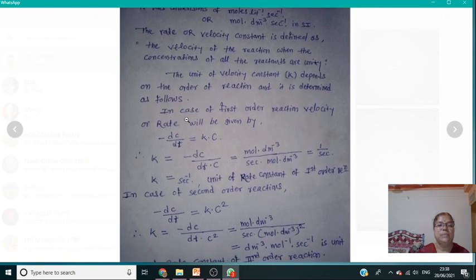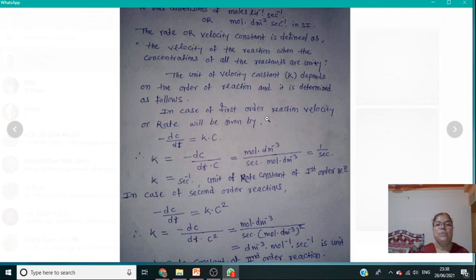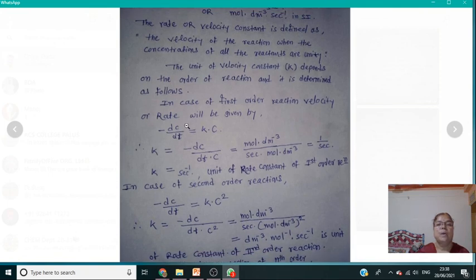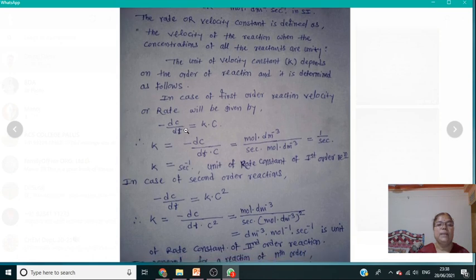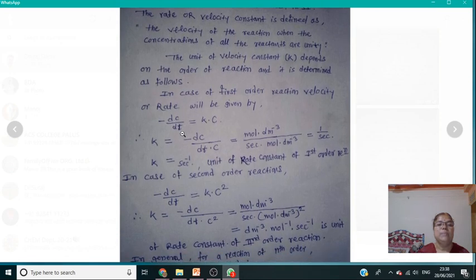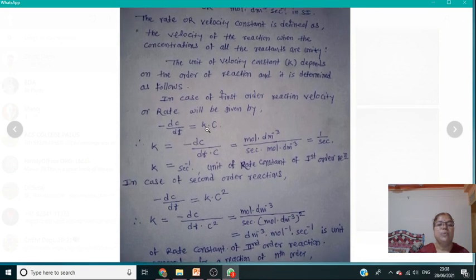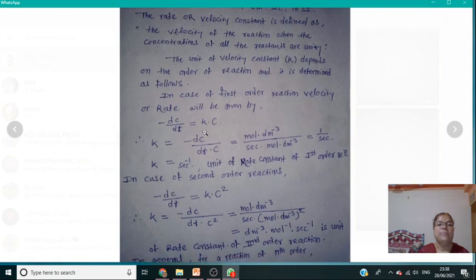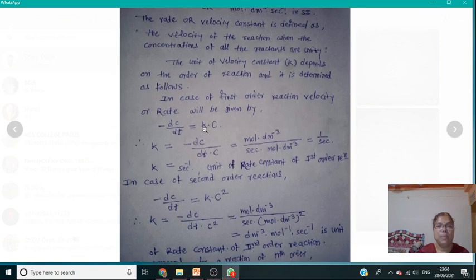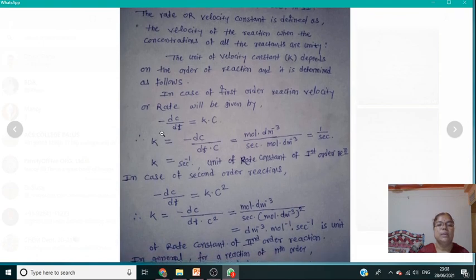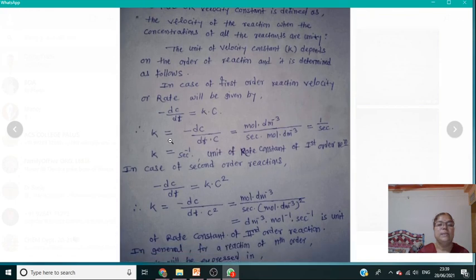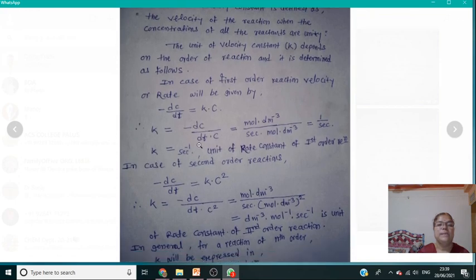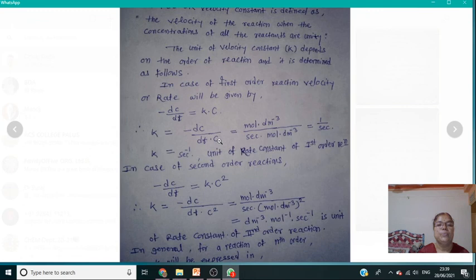Then the unit of velocity constant K depends on the order of reaction and it is determined as follows. In case of a first order reaction, velocity or rate is given by minus dc by dt equal to k into c, where k is the proportionality constant and c is the concentration. From this equation we can write k equal to minus dc by dt divided by c.